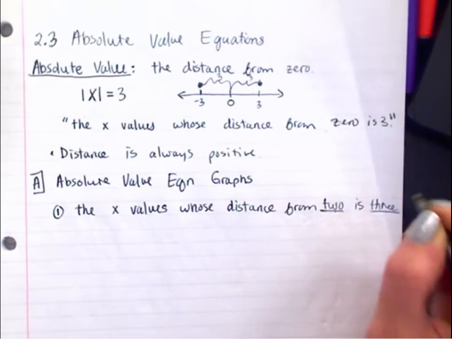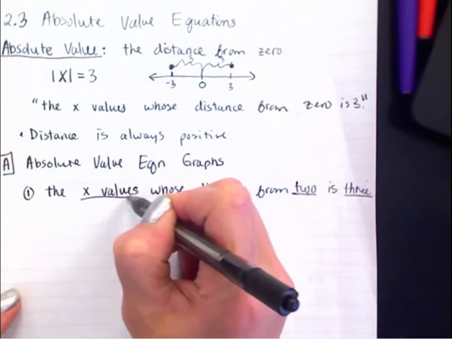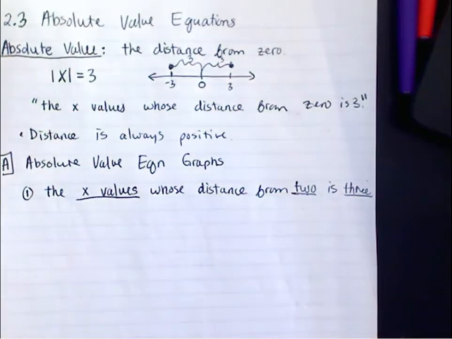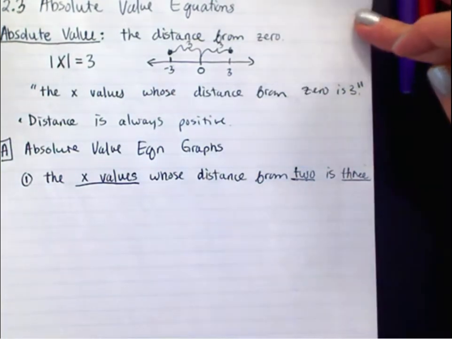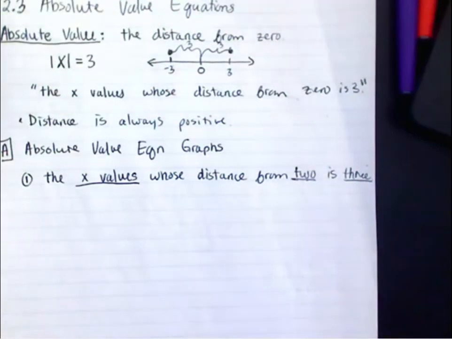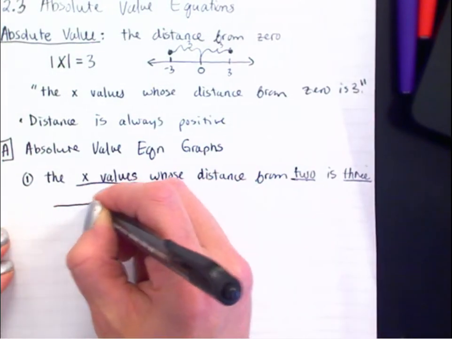The x values whose distance from 2 is 3. Put it on a number line.